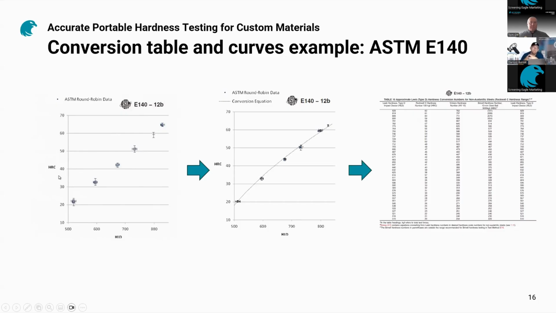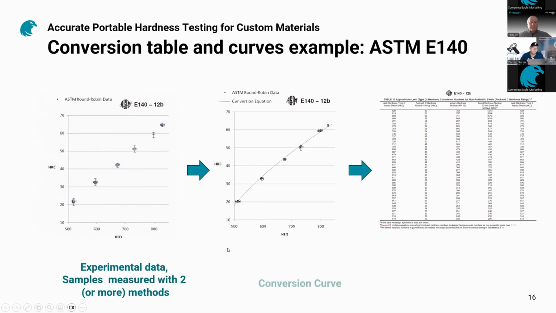In very simple terms, each of those points represents an average of a specimen which has been tested with two different methods, in this case LEEB and HRC. Each of those points represents a specimen of different hardness, and if you have them generated and measured, you can simply create a mathematical formula that expresses the relationship between them.